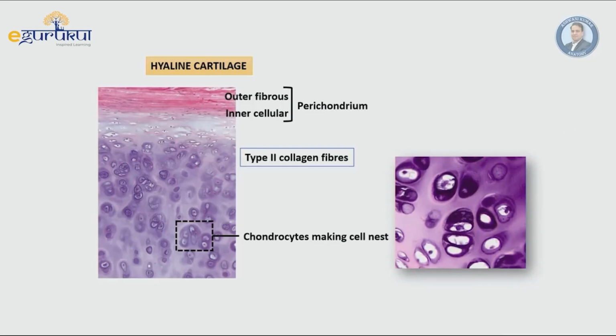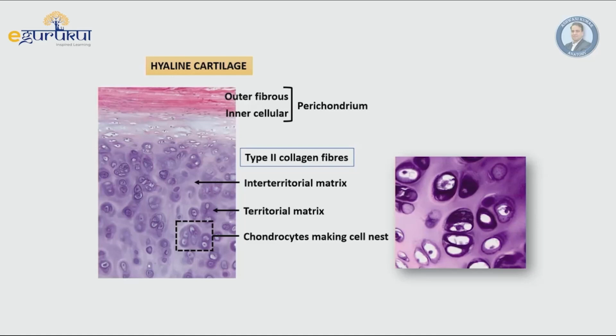And around the cell nest, you see the darkly stained matrix which is called the territorial matrix. You will see it around the cell nest. That again is a feature here because in between the cell nests, you will see this lightly stained region also, which is called the interterritorial matrix. And that will help you differentiate the hyaline cartilage from any other cartilage, because first of all, they have the feature of the cell nest, where the chondrocytes which are present in lacunae are grouped together.